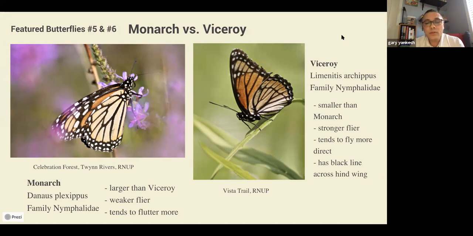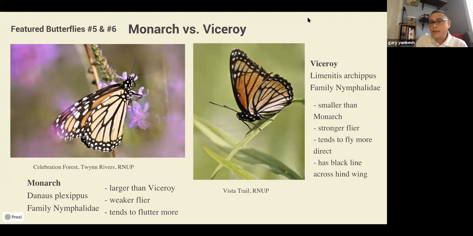So there are a few things you can make note of. First of all, the monarch tends to fly a little bit weaker and flutters around from one flower to the next. Whereas the viceroy, I often see flying fairly fast and almost in a direct line, so they're stronger flyers.